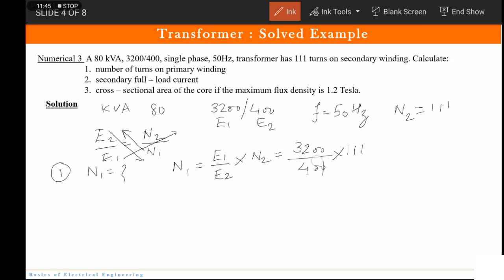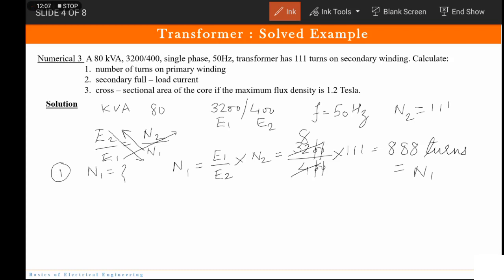So the number of turns in the primary windings are 888. So this is essentially a step down transformer.